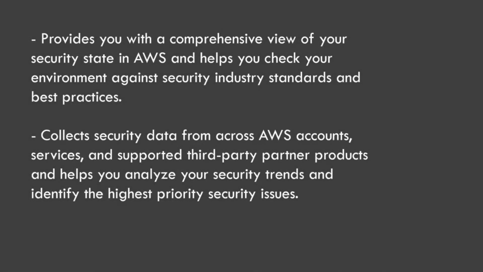So Amazon has created a consolidated console for us where we can check all our findings related to the security of our infrastructure. We will go through the basic concept of Amazon Security Hub.